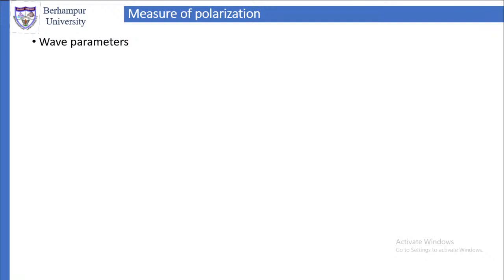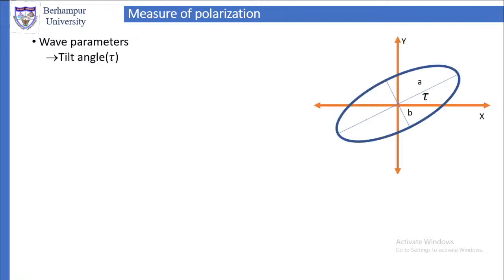In polarization, we have seen that the polarization vector is given by an equation which is the equation of an ellipse. When we say polarization vector, it is a vector of the wave.